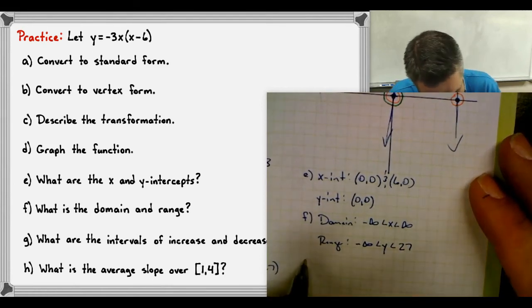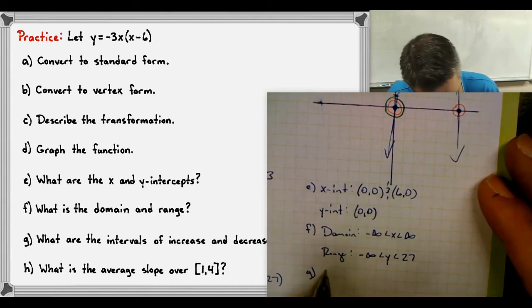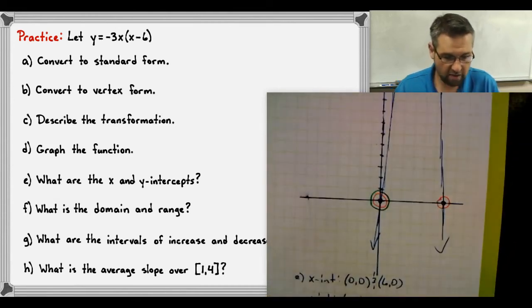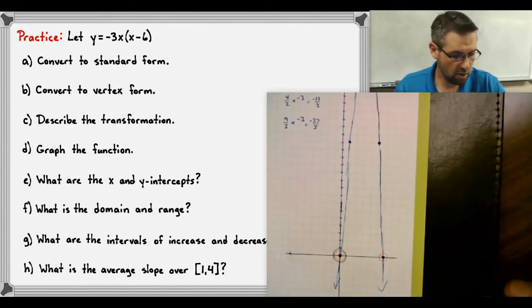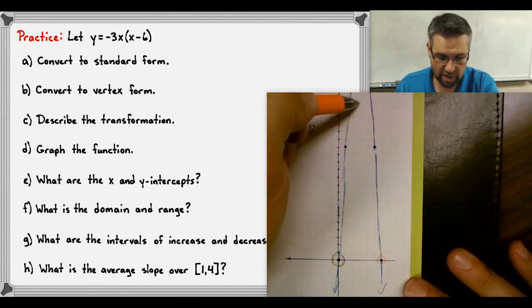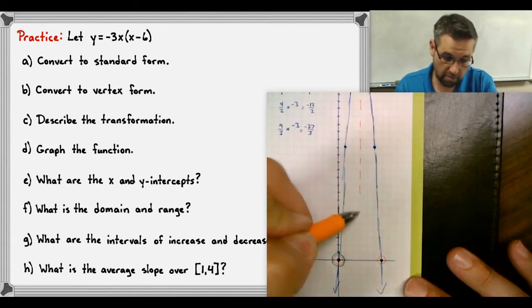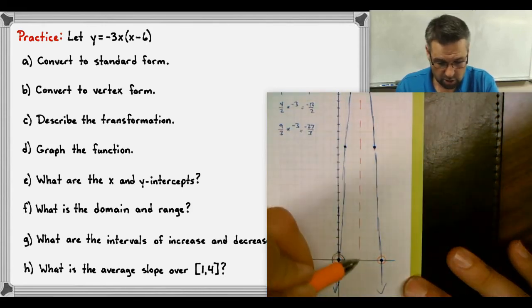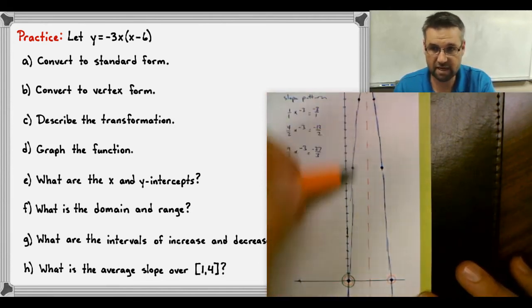And then for G, it's asking for the intervals of increase and decrease. So the interval of increase is where the graph is going uphill. Well, where do we see the graph going uphill? It would be beneficial for us to draw our axis of symmetry, so we cut the parabola into 2 pieces, the part that's going uphill and the part that's going downhill. So the part that's going uphill, the increasing part, is the left-hand side.